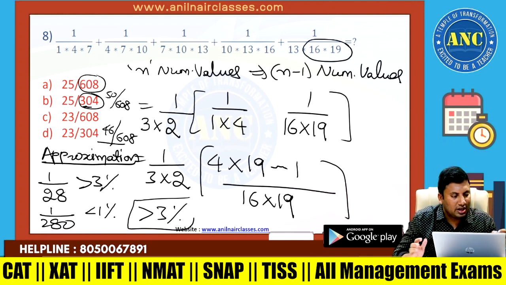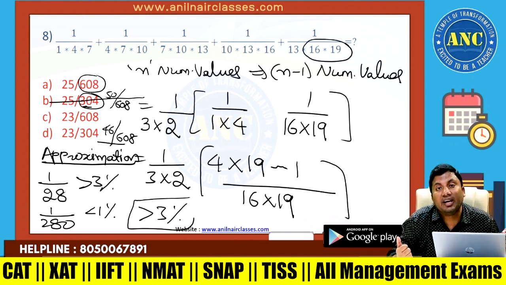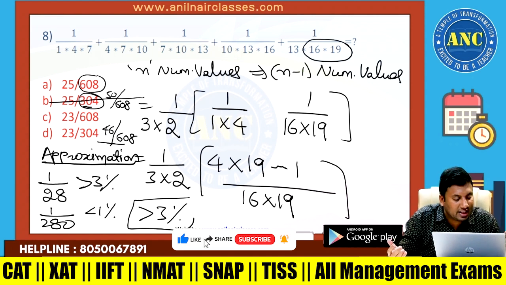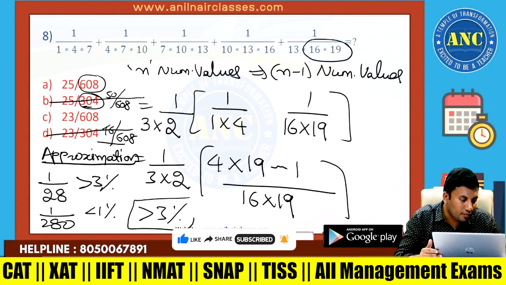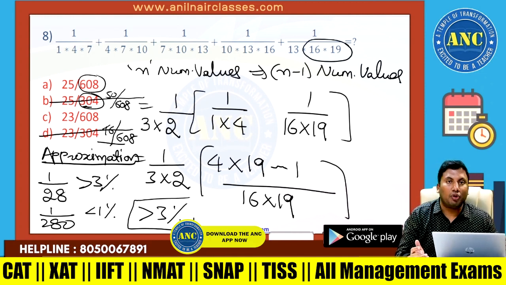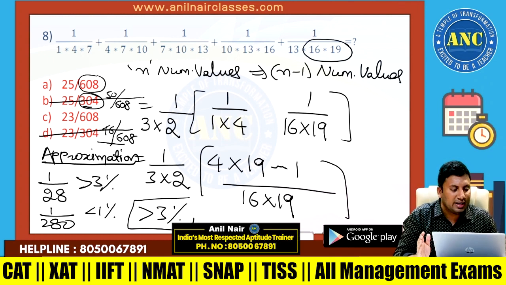Now if you see 25 by 608, 1% of 608 is 6, 6 8s are 48. It is greater than 8%. This is also greater than 7%. These are nothing but 4 point some, 6 4s are 24. Around 3 to 4 the value is oscillating. It is greater than 4.